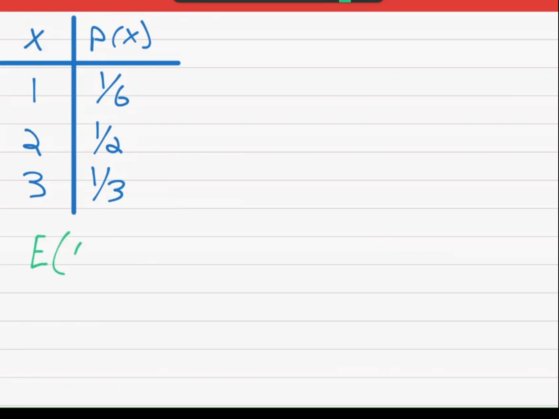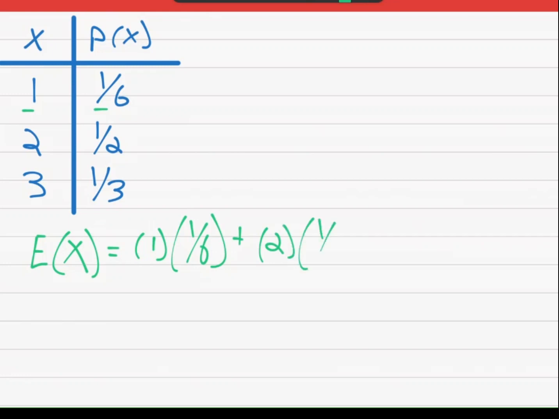I'm writing the expected value of capital X is equal to, I take the first outcome times its probability, so 1 times 1/6, plus 2 times 1/2, plus 3 times 1/3.